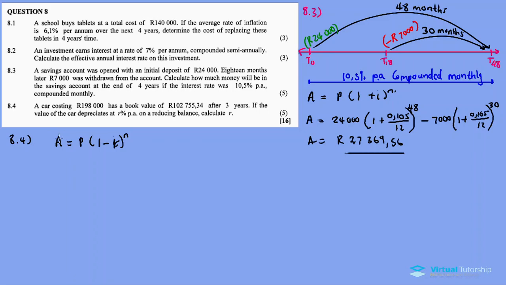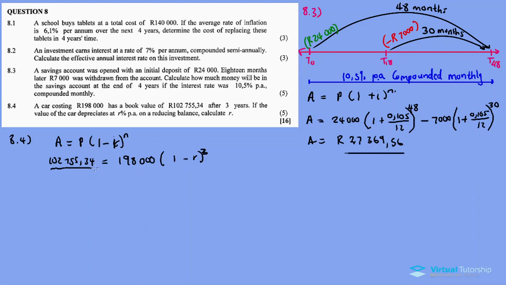The book value is always taken as A. So this is 102,755.34 equal to the present value or the cost of the car, 198,123, times 1 minus R for a period of 3 years.